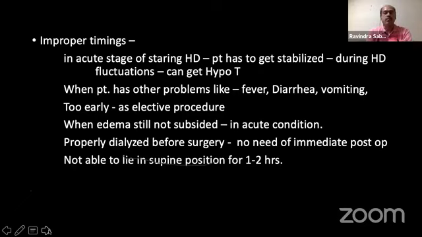So improper timing is the reason for failure. Sometimes the patient has other problems like fever, diarrhea, vomiting, especially in the acute stage, they get a lot of vomiting. Sometimes they don't tolerate medications, they have diarrhea, and they get hypotension. That's not a proper timing for the fistula. Let all these problems settle down, because any hypotension will cause a decrease in the flow.